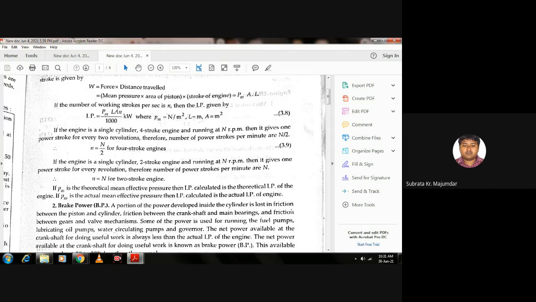If we take the value of mean effective pressure for the actual condition, then we obtain what is known as the actual indicated power of the engine.